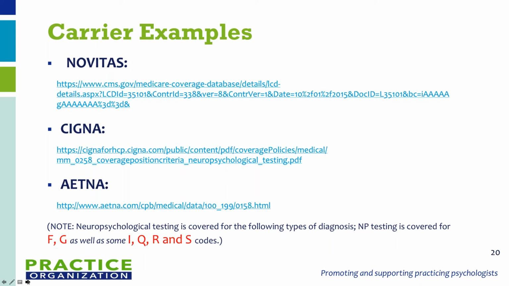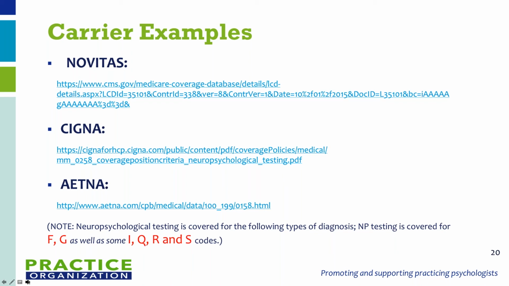In most neuropsych testing, as far as I could tell, F and G codes are very commonly reimbursed. I'm starting to see more and more R codes and, to a lesser degree, S. But as far as I can determine, when the dust settles, I believe that individuals in health, neuro, and rehab, for example, will be able to do F, G, I, Q, R, and S codes.